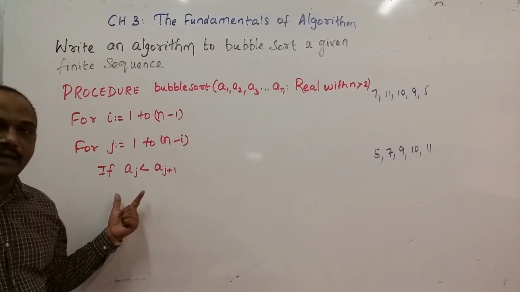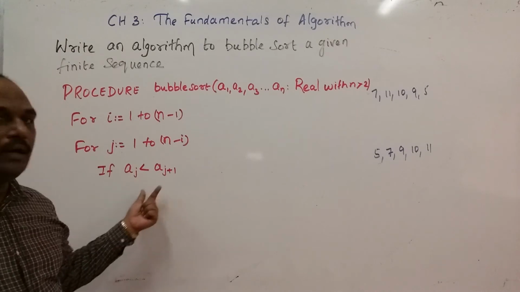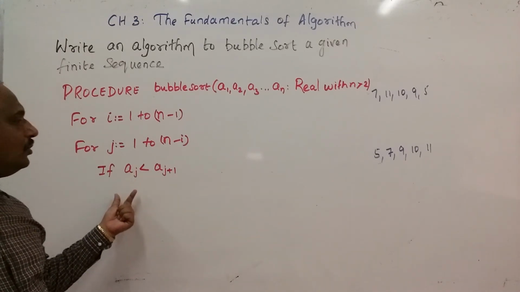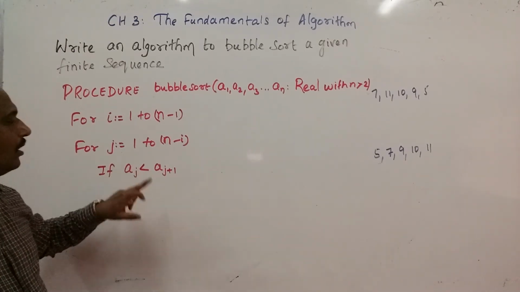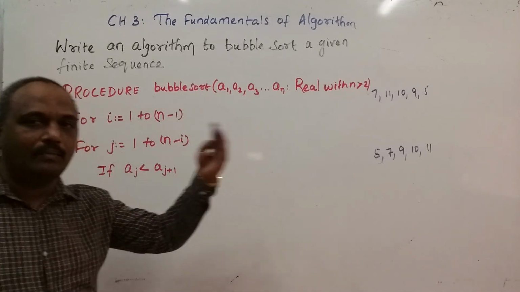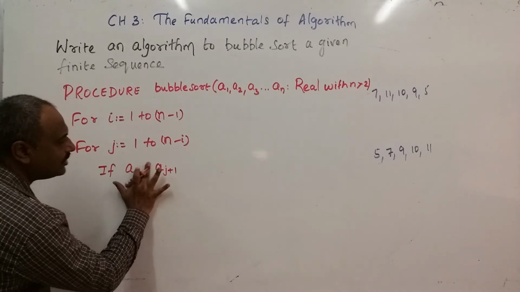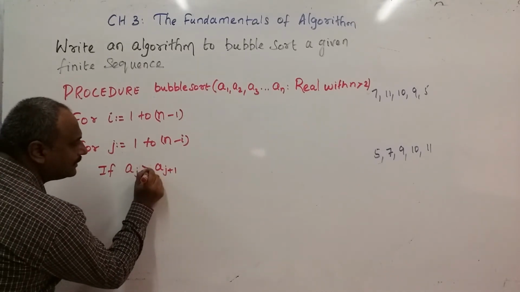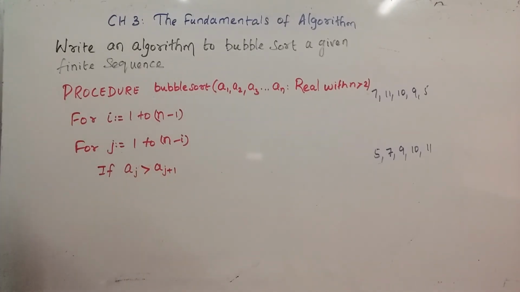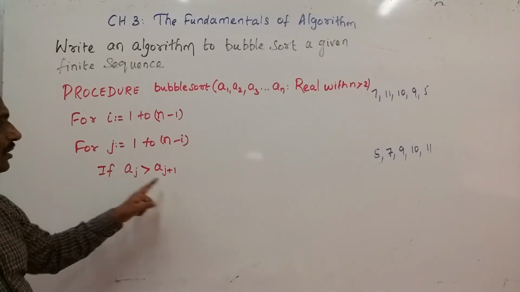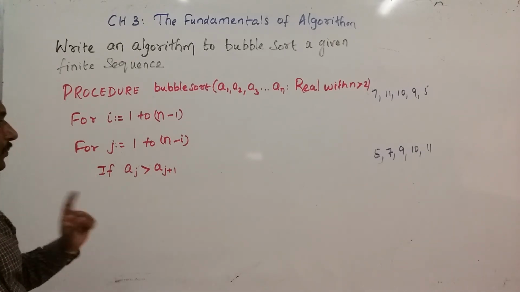When you want to write the numbers from small number to big number, we use greater than, or if you want to write the numbers from big number to small number, we use less than. This is for ascending order. For descending order, it is the opposite.